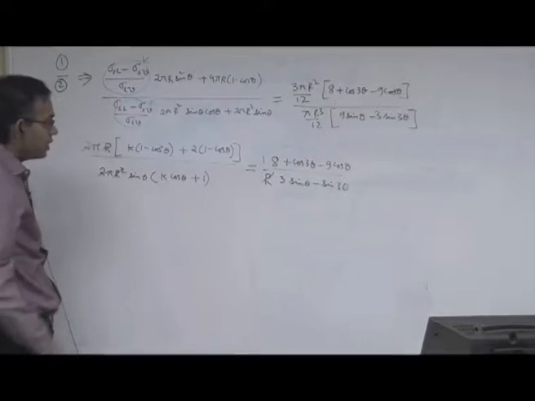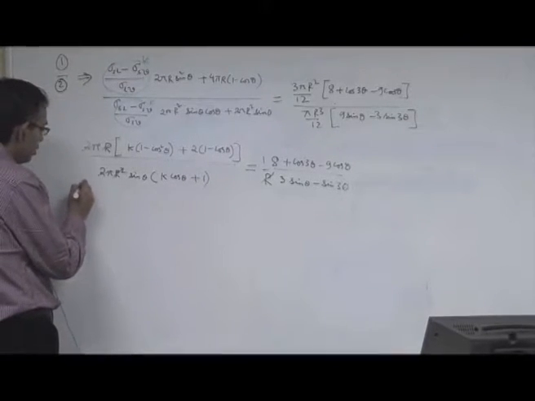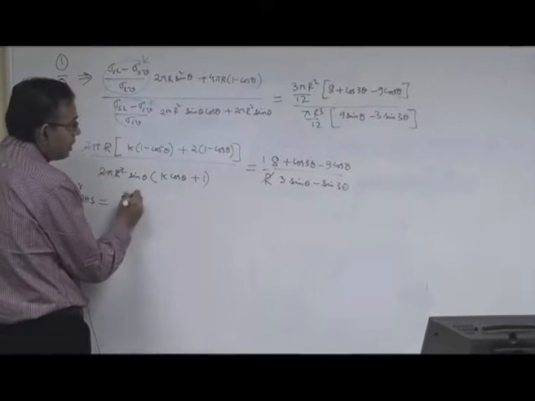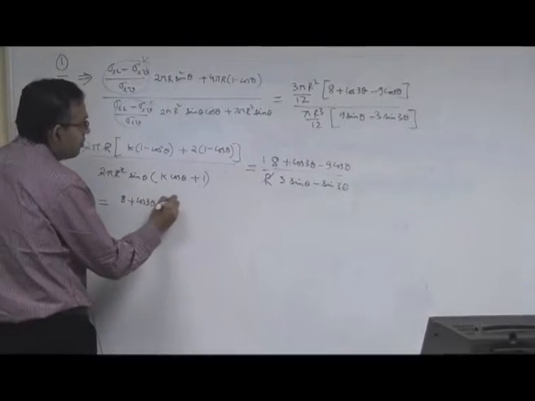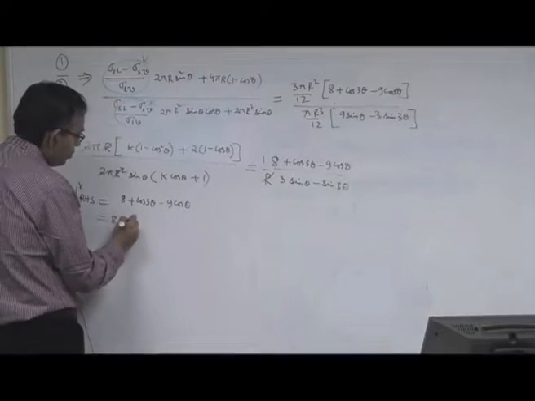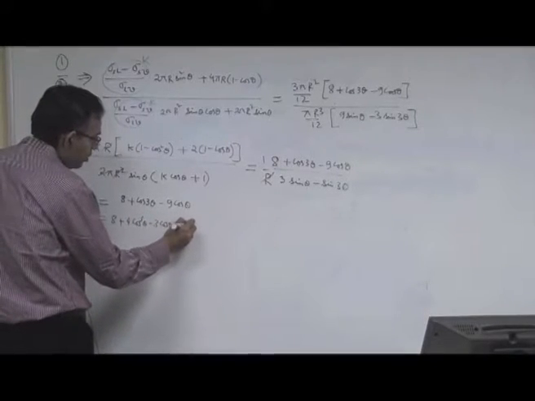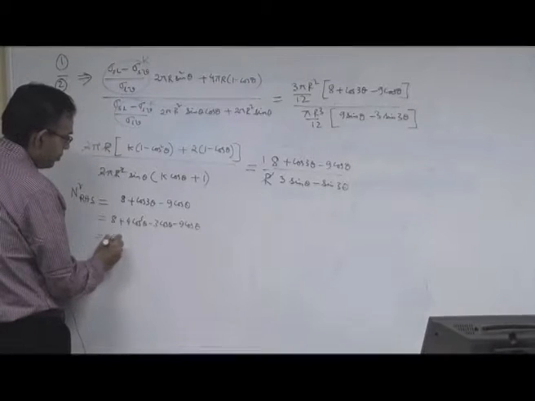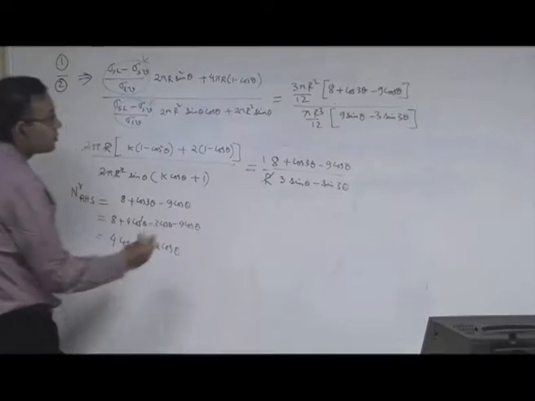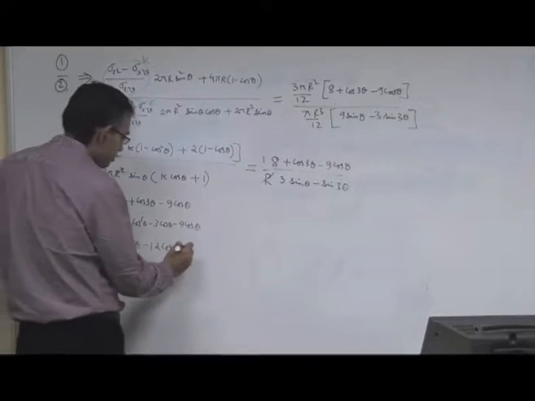Now, let us simplify the numerator and denominator of the right hand side. Numerator of RHS is equal to 8 plus cos 3 theta minus 9 cos theta. So, this is 8 plus 4 cos cube theta minus 3 cos theta minus 9 cos theta. So, that is equal to 4 cos cube theta minus 12 cos theta plus 8.